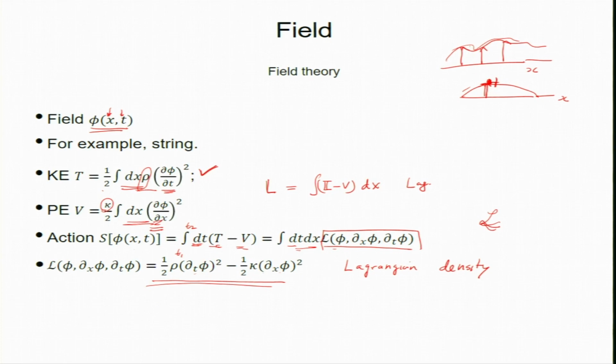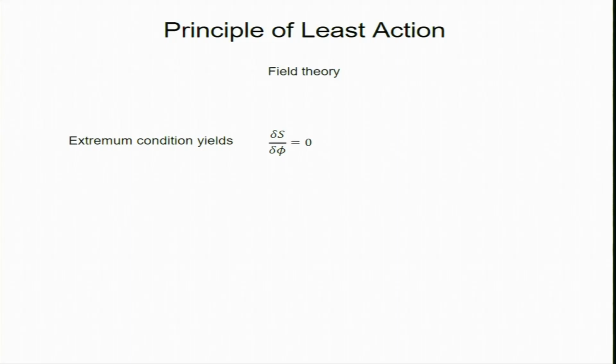Now, in fact we can derive the equation of motion. We had the equation of motion for a particle as m x double dot equals minus v prime. So, a similar equation can be derived by the Euler-Lagrange equation, or we can derive the Euler-Lagrange equation by minimizing action. Okay. Now, we need to put in all that formalism. So, extreme condition. I had defined action with dt dx. Okay.